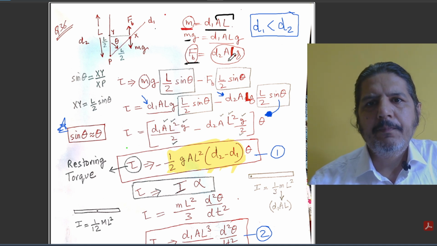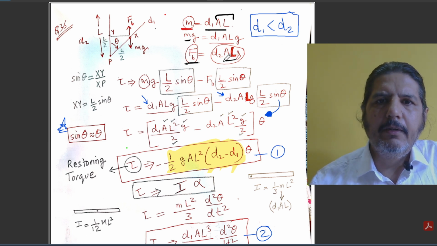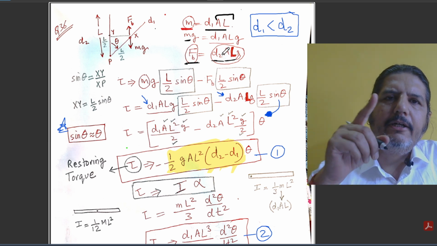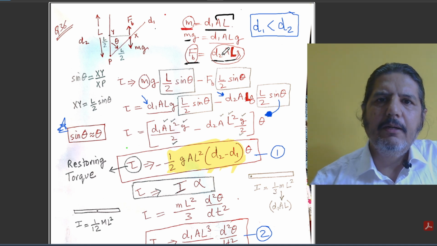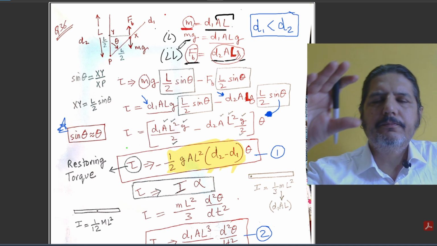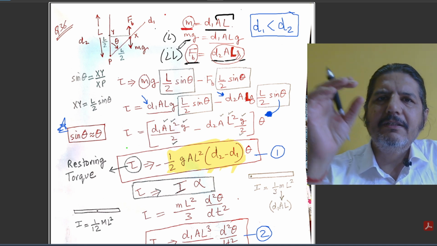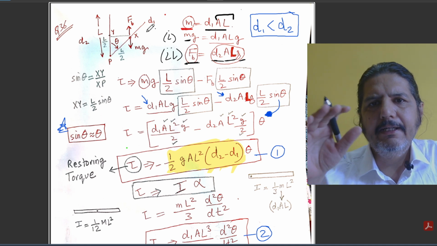AL is the volume of the rod, multiplied by d2, the density of the liquid displaced, multiplied by g. So the first thing that I've calculated is the weight of the rod. The second thing is the buoyant force, because these are the only two forces which are acting. And where are they acting?